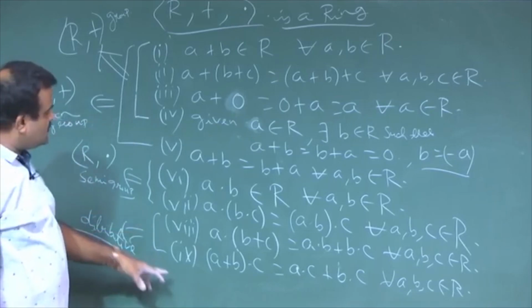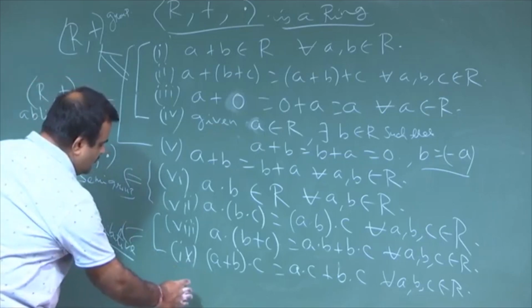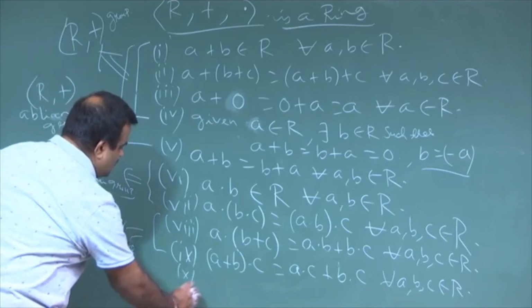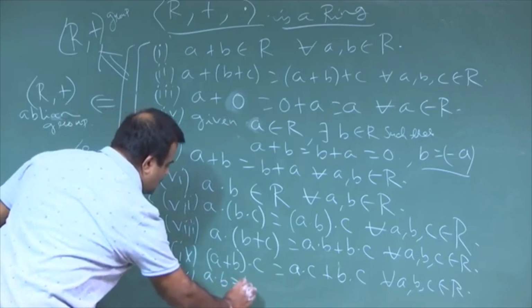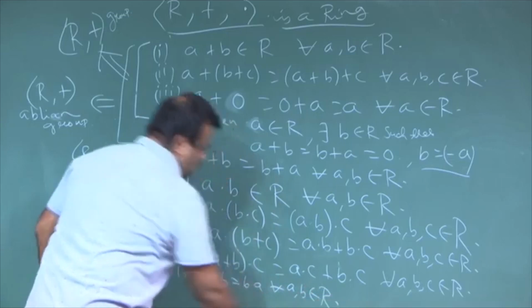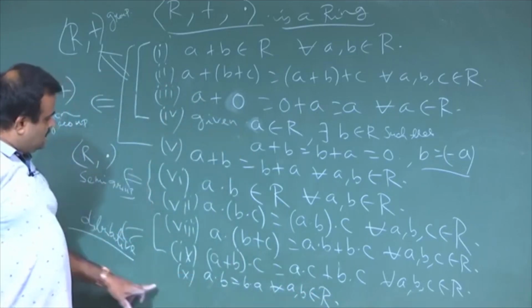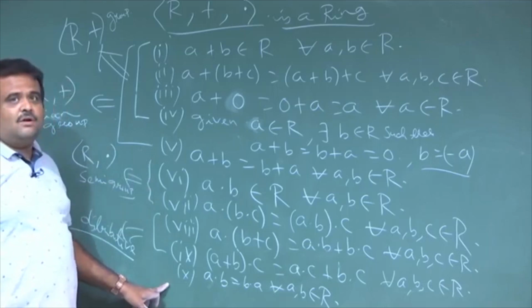Now, commutative ring means along with this, if dot is commutative, if A dot B is equal to B dot A for all A, B, then this implies dot is commutative, and this R is called a commutative ring.